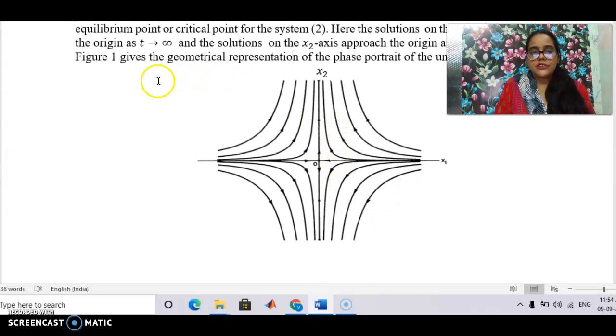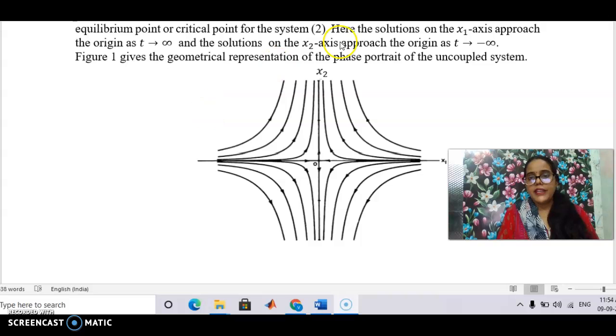When t approaches to infinity, the solution x1 approaches to the origin. यानी x1 और x2 plane है. When t approaches to infinity, arrows go down to the origin. Both the arrows are approaching to the origin.